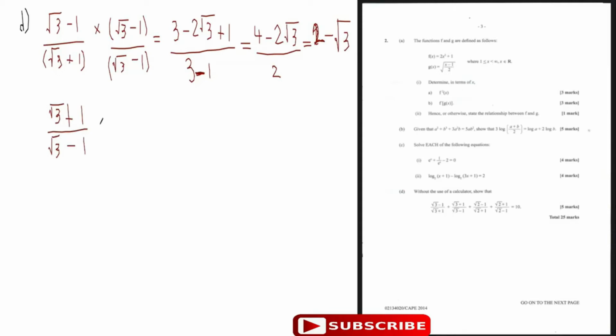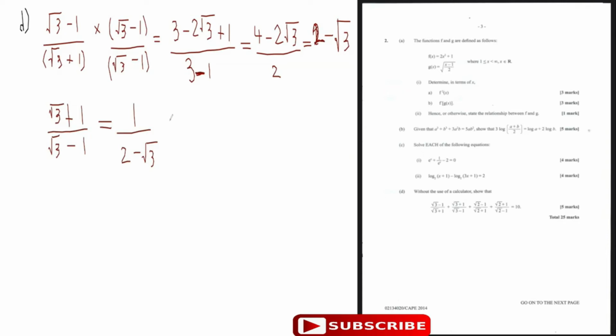So I could actually just write that this is going to be 1 over 2 minus root 3. Can you see that? Think of it: if this was A and this was B, this is A over B, and this would just be B over A. So this must be equal to 1 over 2 minus root 3.